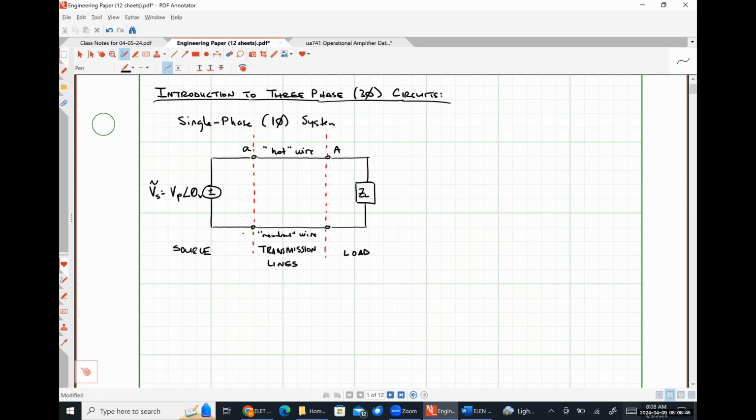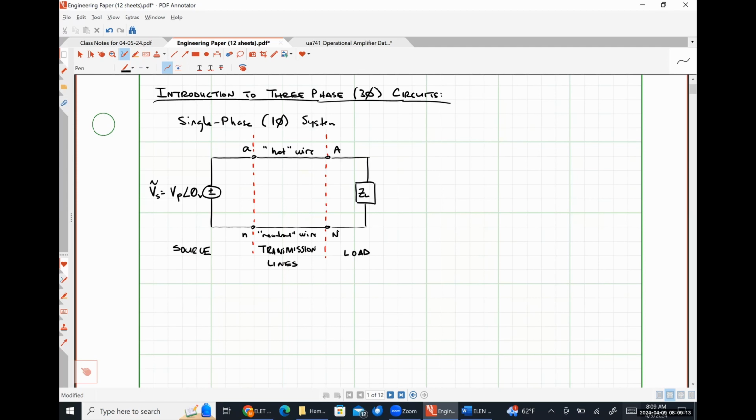And I'm going to do something similar here. I'm going to have a lowercase n on the source side for our neutral wire, and then an uppercase N on the load side for our neutral wire, okay? So all of the time we're referring to anything on the source side of the system that's going to be dealing with lowercase letters. Anytime we're dealing with anything on the load side of the system, we're going to be dealing with uppercase letters.